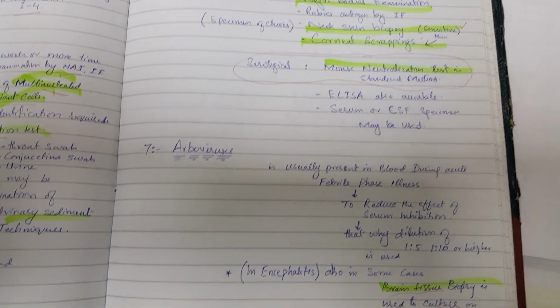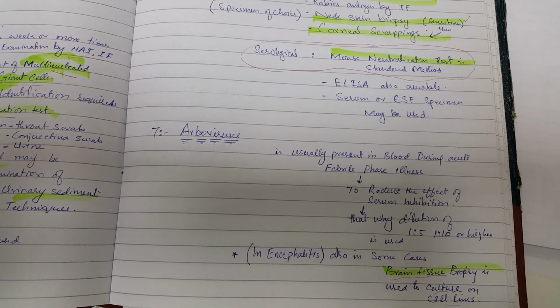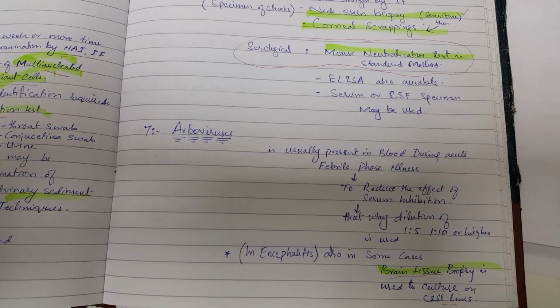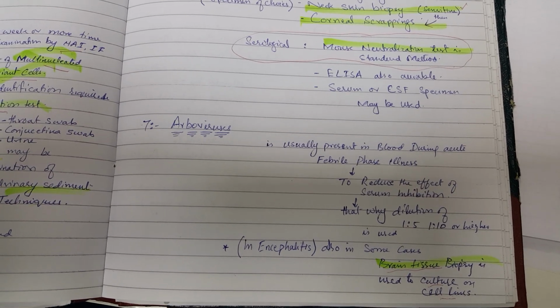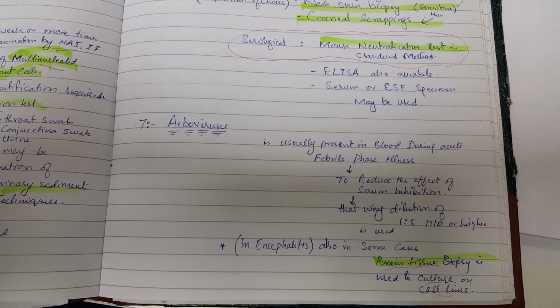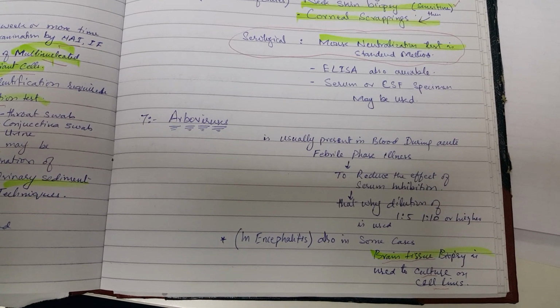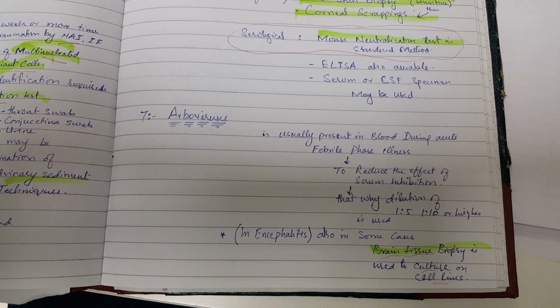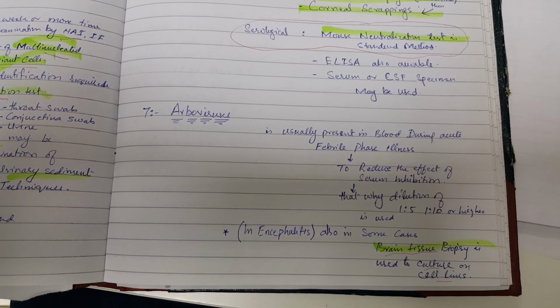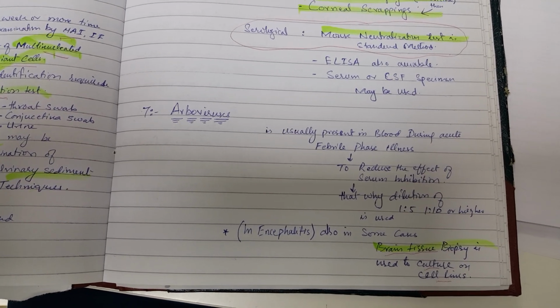Arboviruses are usually present in the blood during the acute febrile phase of illness. To reduce the effect of serum inhibition, a dilution of 10 to the power 5 to 10 to the power 10 or higher is used. In encephalitis also, in some cases, brain tissue biopsy is used to culture on cell lines to detect the arbovirus.